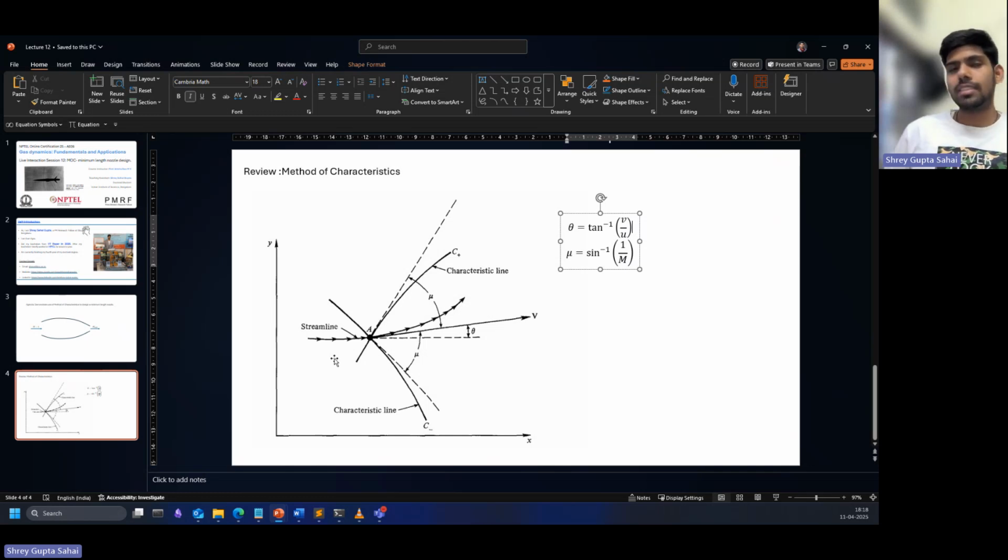So the flow at A depends on this domain of dependence.